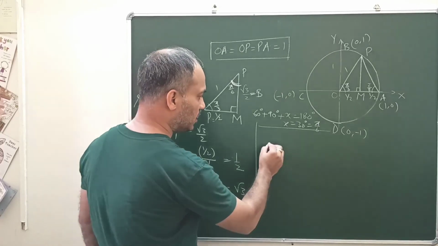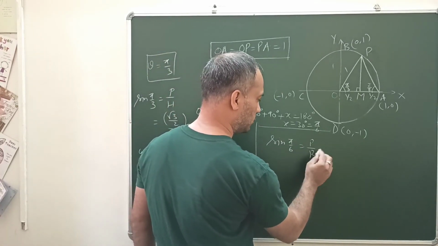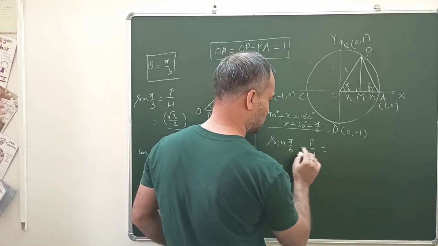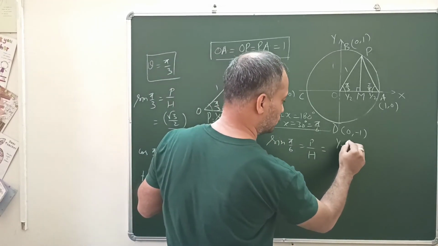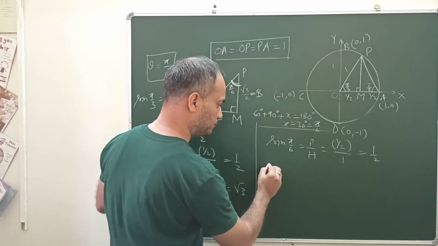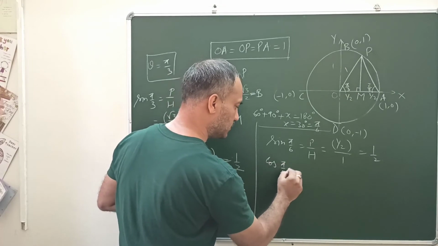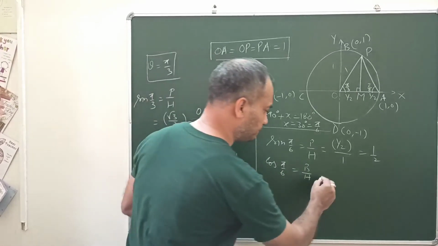So let us find quickly sine pi by 6. This is perpendicular upon hypotenuse. What is the perpendicular for this? For pi upon 6, this value is 1 upon 2. Hypotenuse is 1, so the value is 1 upon 2. Cos pi by 6, this is base upon hypotenuse. Base is this value.